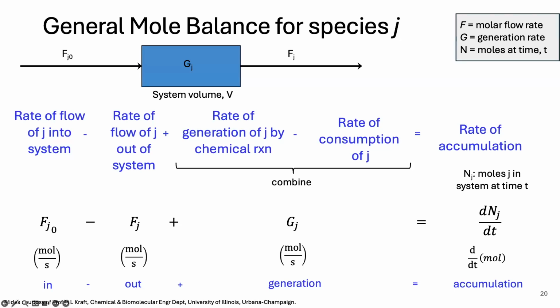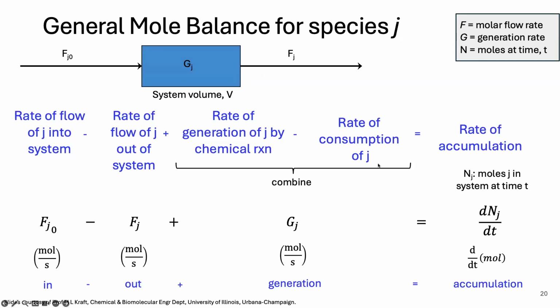It would say the rate of flow of j into the system, which we could also denote as F_j0, the flow in, minus the rate of flow of j out of the system, F_j, what's leaving, plus the sum of the rate of generation of j by a chemical reaction minus the rate of consumption of j.